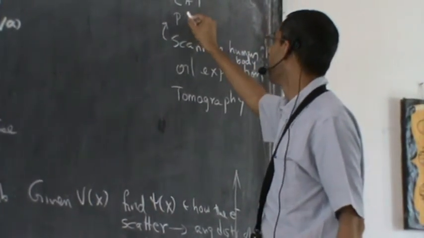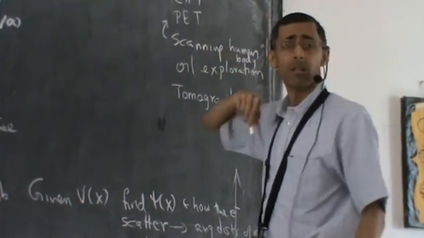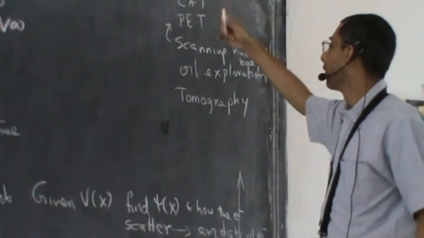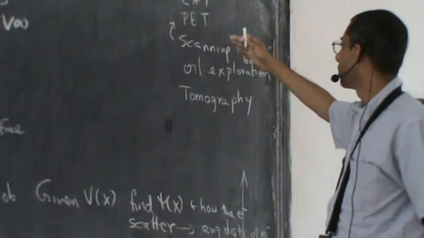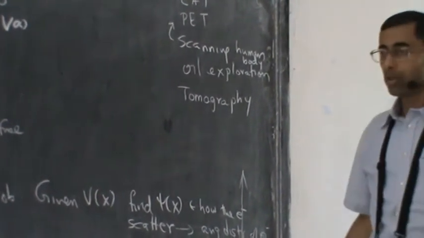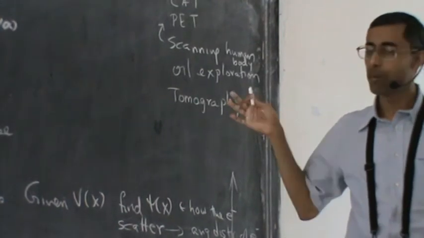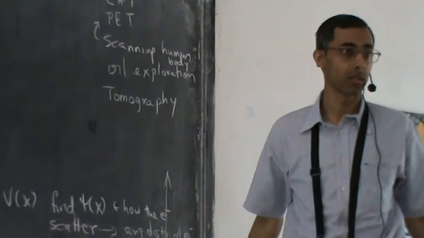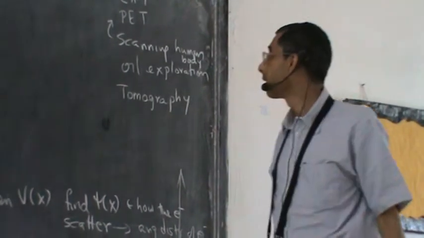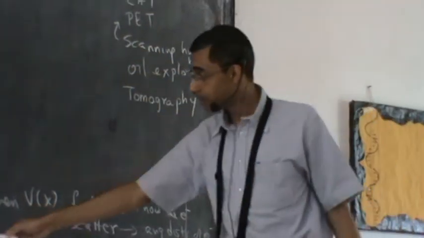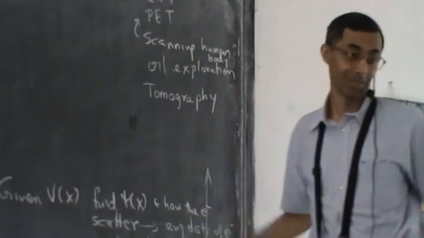Or you might have positron emission tomography using positrons. So these are all problems of inverse scattering. You may send in from one side and then from another side, see the scattered waves and reconstruct what's inside. Okay, so it's a very interesting problem, and you can get more jobs over there, less jobs here. So that's the real thing.